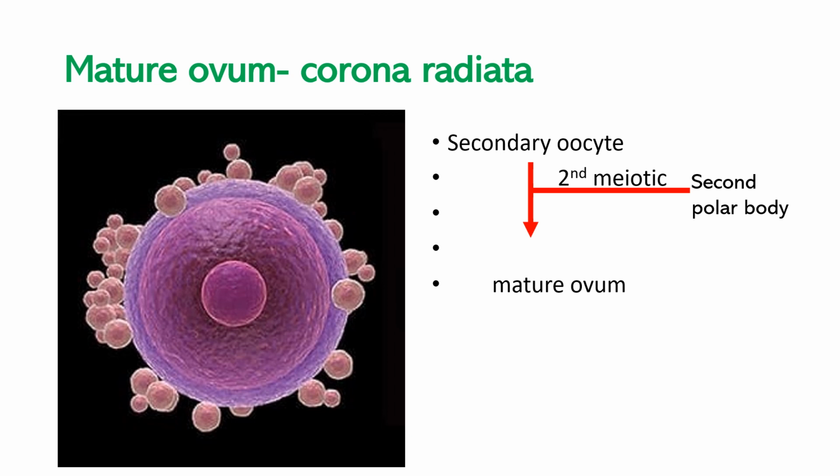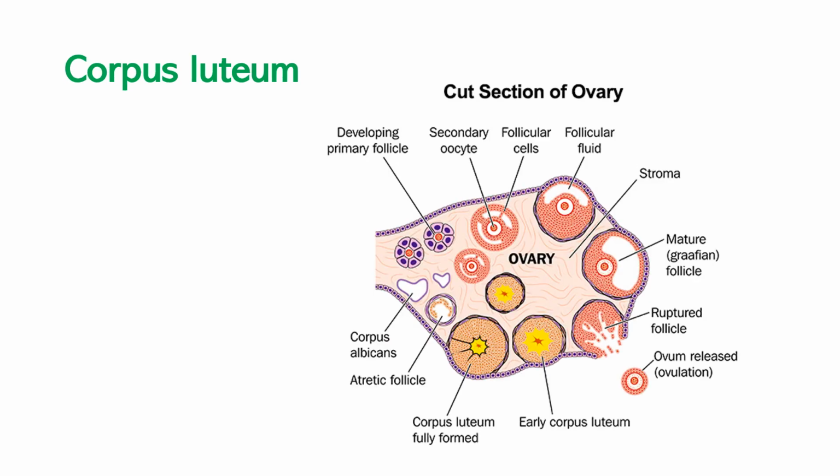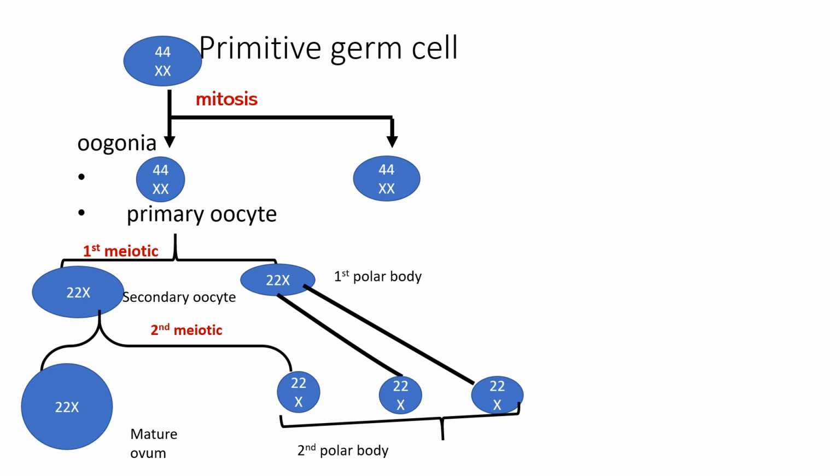In the meantime, we can see the second polar body. Once a mature ovum is formed, the oogenesis is complete. If fertilization does not occur, it produces a corpus luteum.